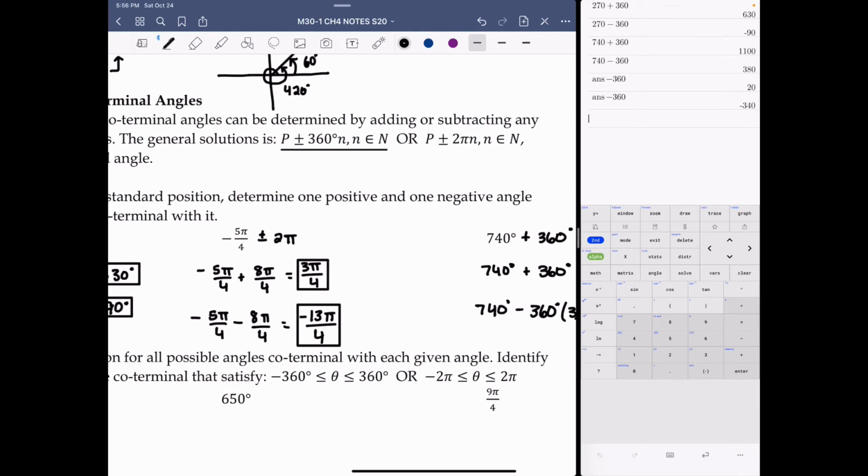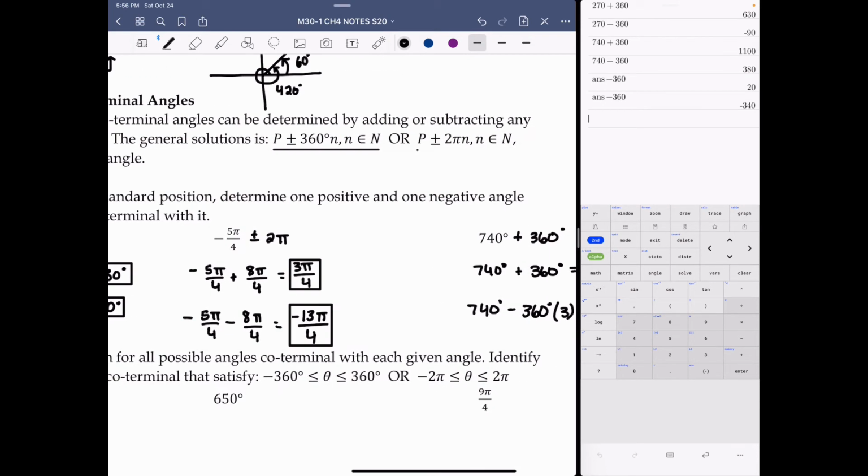Or for radians, P, the principal angle, plus minus 2 pi times n, where n is an element of the natural numbers.